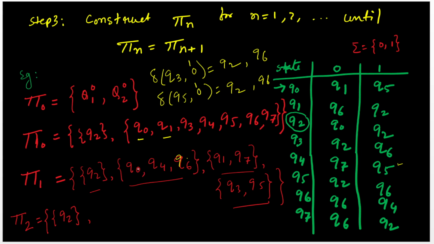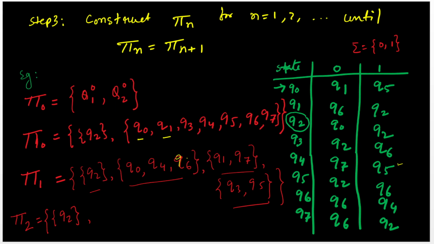Now first we check Q0 and Q4. Q0 on 0 gives you Q1 and Q4 on 0 gives you Q7.